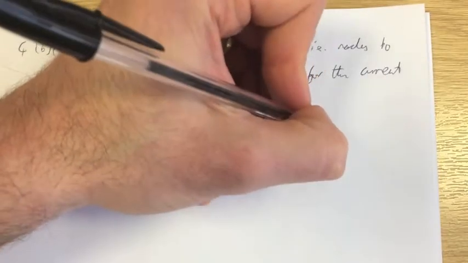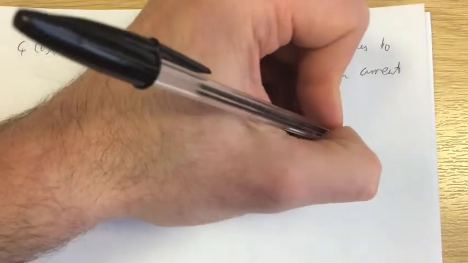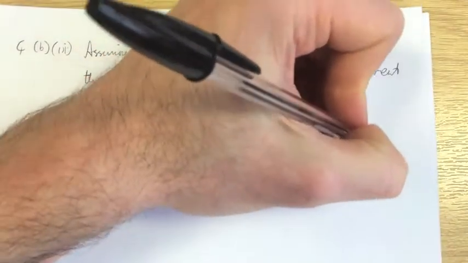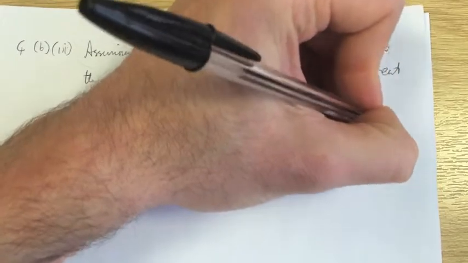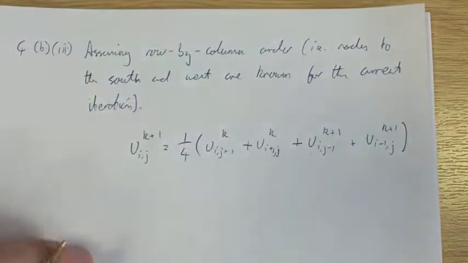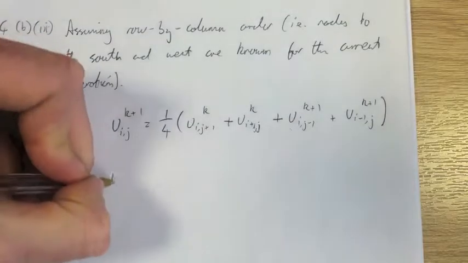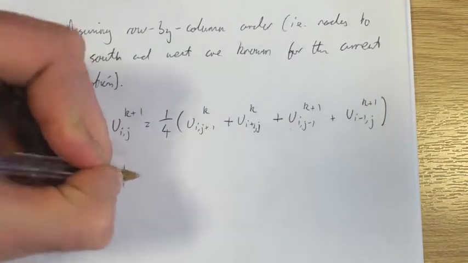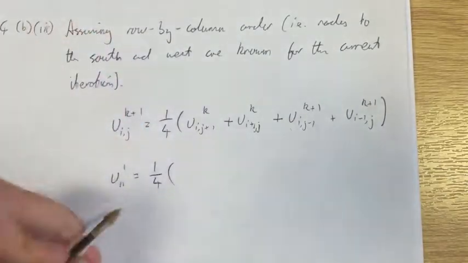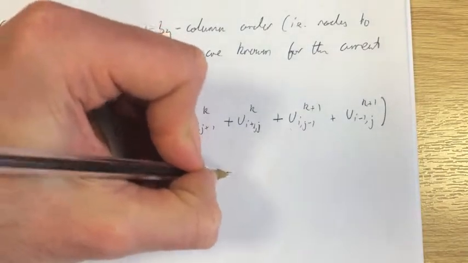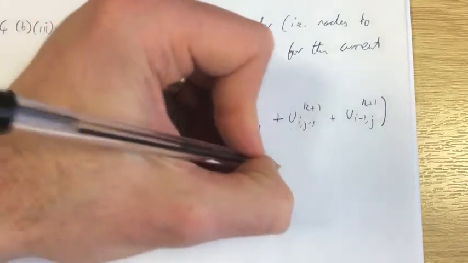This time we know what the value is in the current iteration, the k plus 1 value, so I'm going to use that, and the node to the west. So slightly different from the Jacobi method. If I perform these calculations, the first one is going to be exactly the same as the first one for the Jacobi, because I don't know any of the values yet.